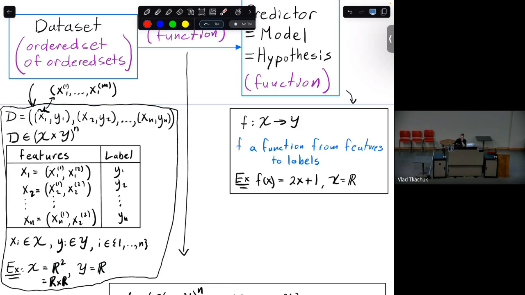Right, so the data set is equal to an object like this. That is correct. This object is a set. We're going to define Cartesian products later, but this object is a set of all possible data sets, which means all possible ordered sets of ordered sets. What this object would look like is a set that contains all possible data sets.